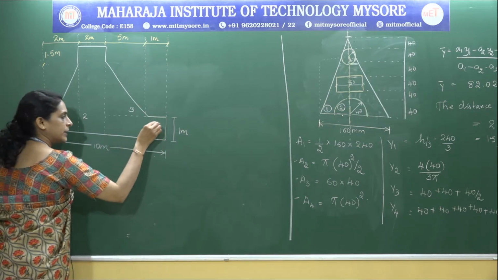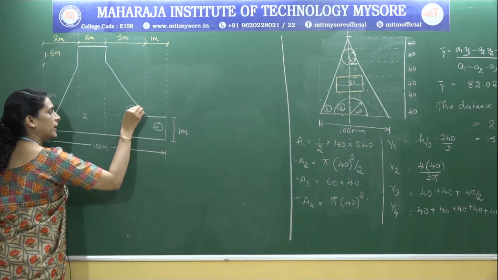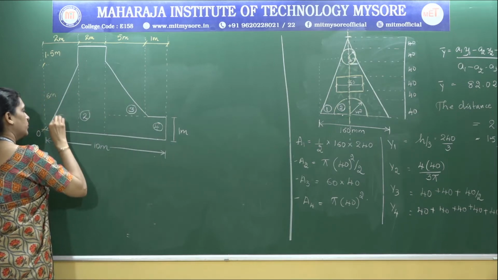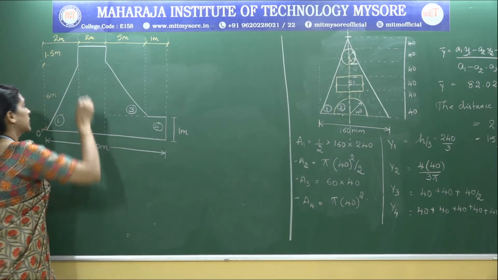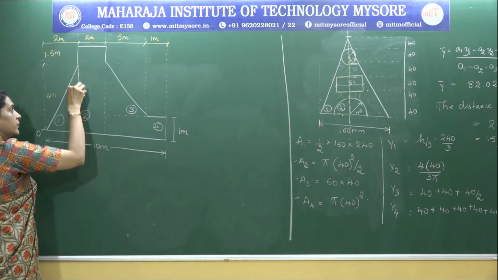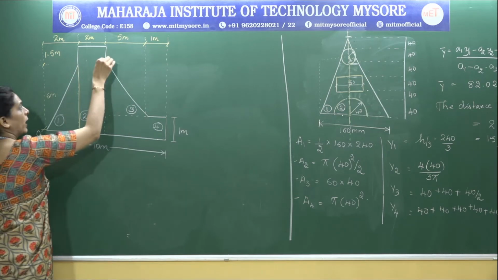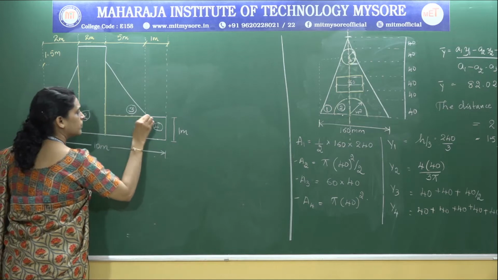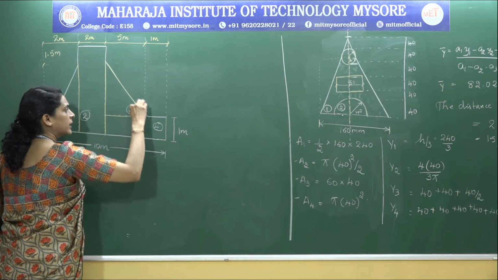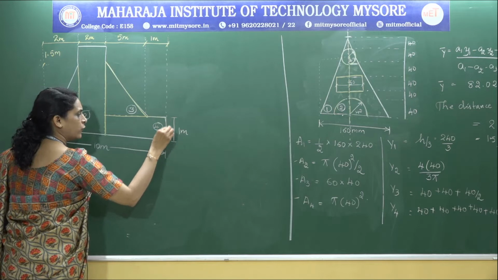So we can just see the whole area is divided into four different sections. You can just observe it here: 1, 2, 3 and 4.